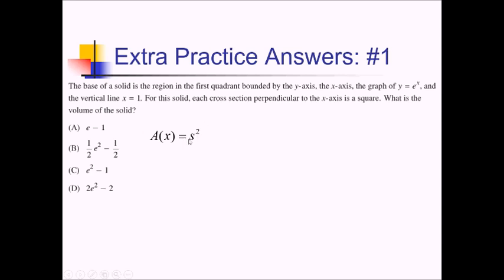One side of the square is just going to be the distance between the top and the bottom of the bounded region. So it's e to the x minus the x-axis, which is just e to the x. So that's e to the x squared, which I can turn into e to the 2x if I want to.